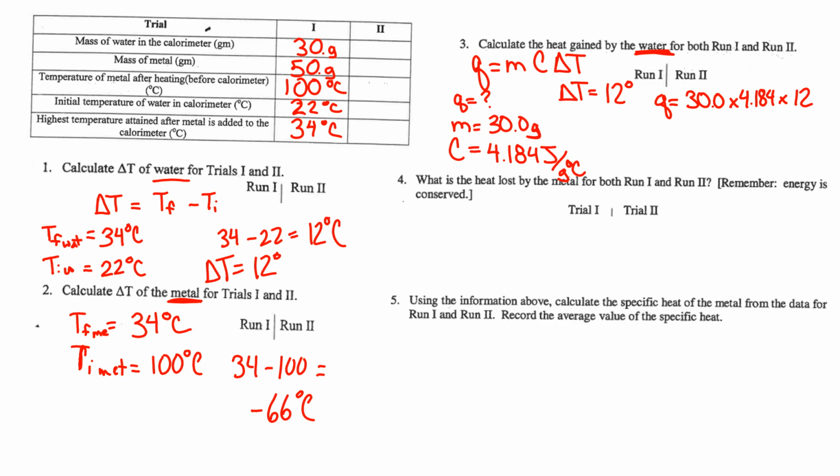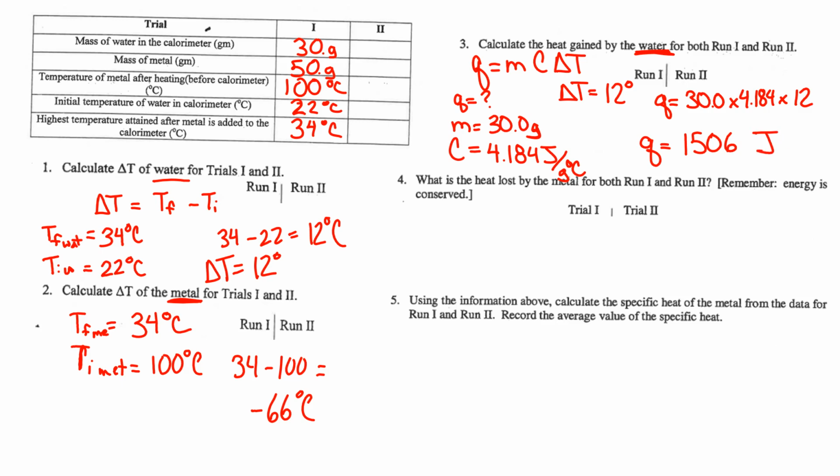All right. So when I do this, I get a Q of 1,506. And that's in joules.